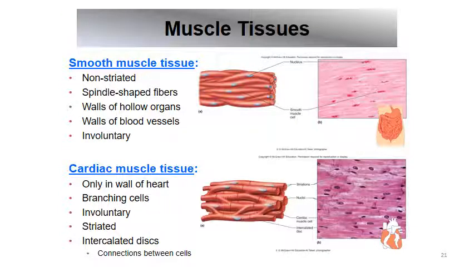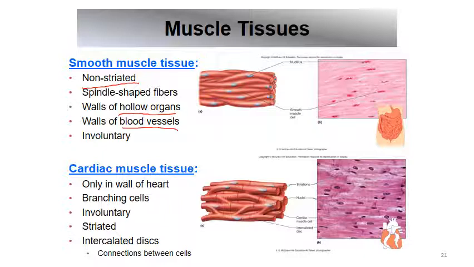Smooth muscle tissue does not have striations because its proteins inside are arranged differently than in skeletal or cardiac muscle. So smooth muscle, not striated. It's got these spindle-shaped muscle cells, fibers, and it's found in our hollow organs, blood vessels.